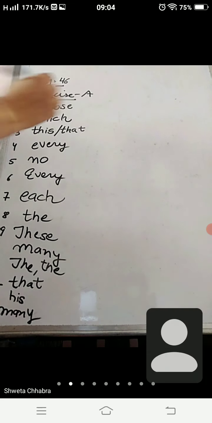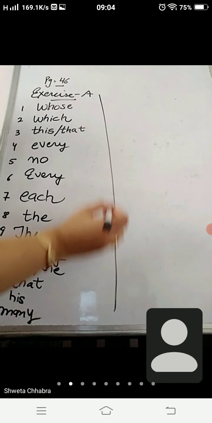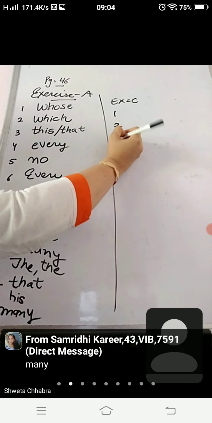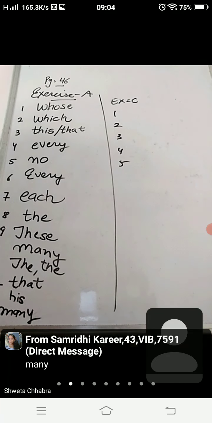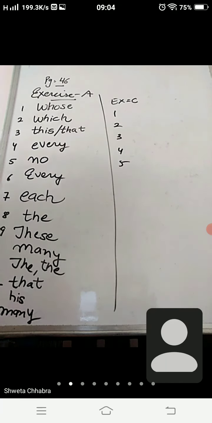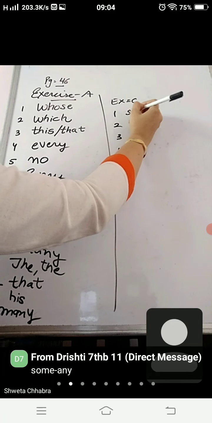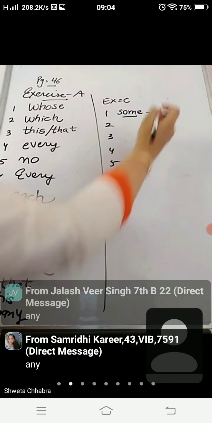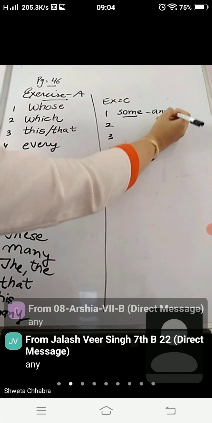Let's do exercise C so quickly. Exercise B is very simple. Let's do the first 5 sentences. They did not see some tigers in Srista. In place of some, what will come? Yes, very good. Any.